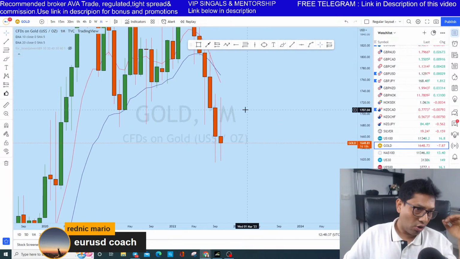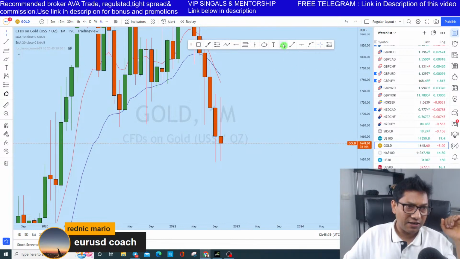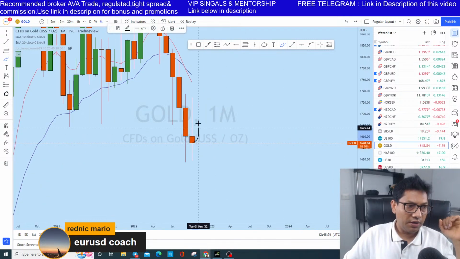The price action is long-term bearish. I think that it might even consolidate and may close as a doji on the monthly. I think that this week we might see some movement up and down. It could even go up and then come back down, and may close as a doji.